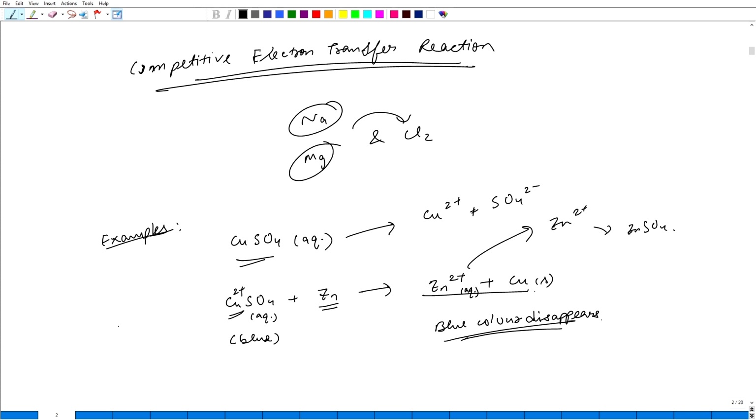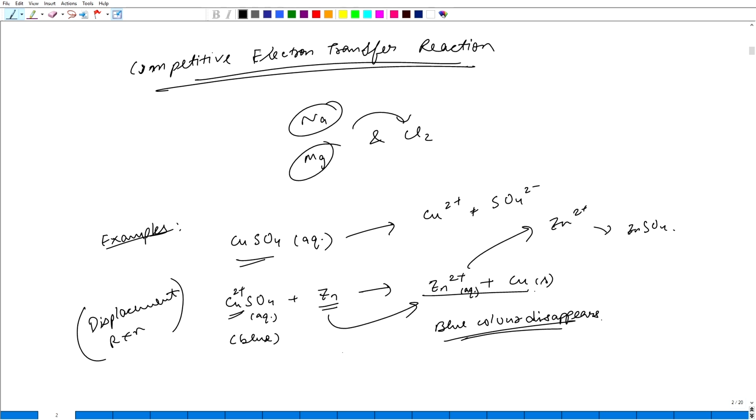This reaction is also called a displacement reaction. You must have studied displacement reaction in class 10th maybe. Now, why is it that copper 2 plus is getting reduced to copper and zinc is getting oxidized?